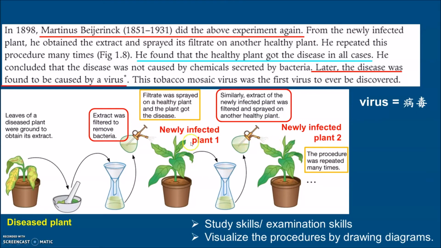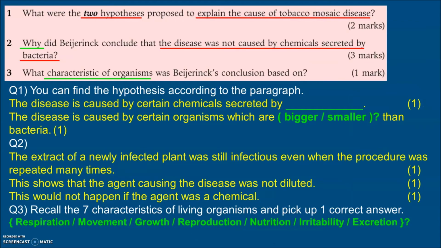And actually from plant 1, plant 2, plant 3, plant 4, the toxin should become less and less because it is consumed or used to infect the plant. But what we find is that the extract of the newly infected plant was still infectious, even when the procedure was repeated many times. And this shows that the agent causing the disease was not diluted.